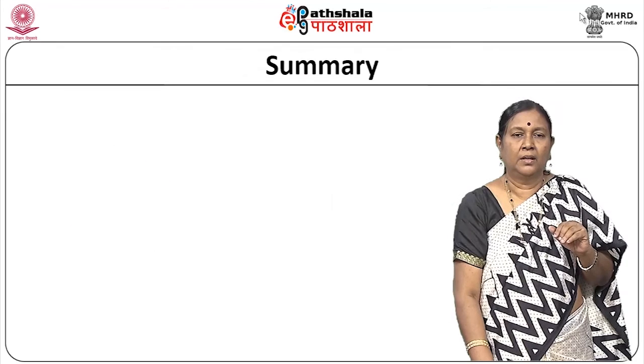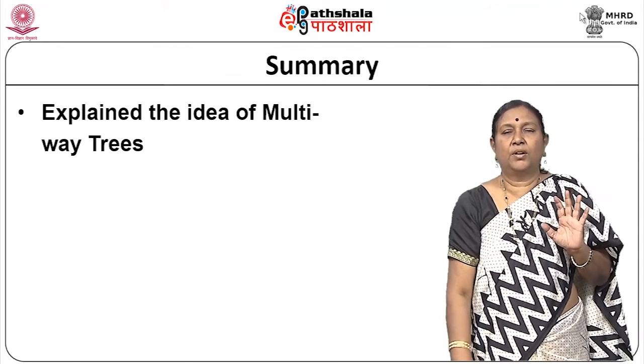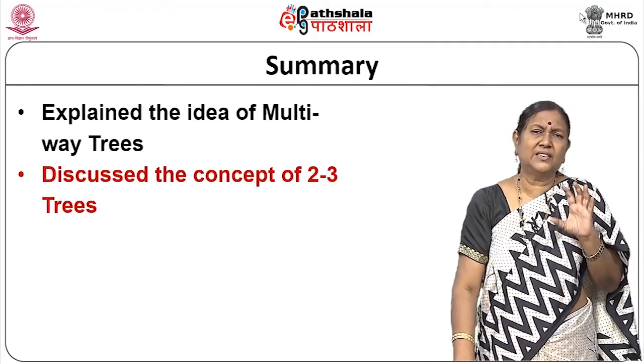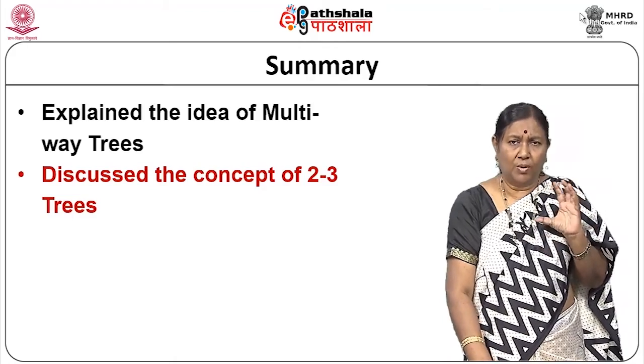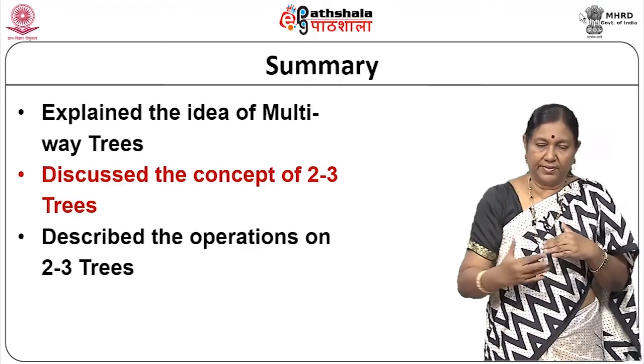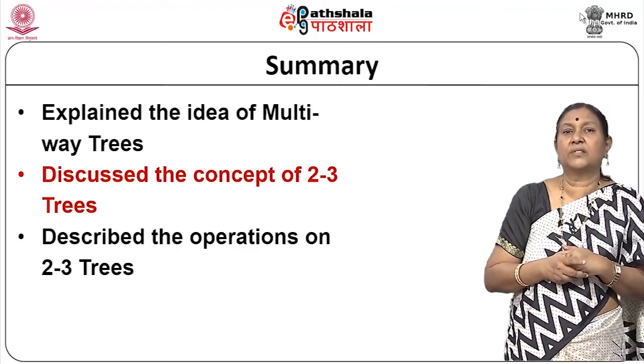Okay. So, in this particular module we had explained the idea of multivariate trees, we discussed the concept of 2-3 trees, what does it mean? It is different from what we have seen up to the previous modules because of the following.